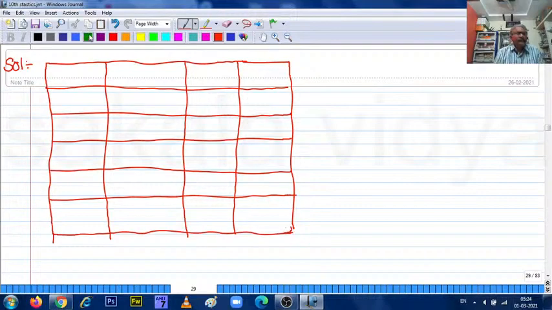So this is marks, we can write class interval. This is number of students, this is fi. Next, mid value xi, and this is fi into xi.